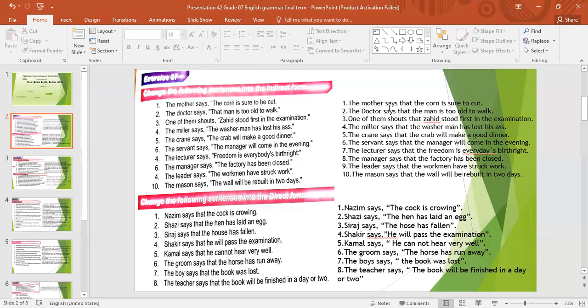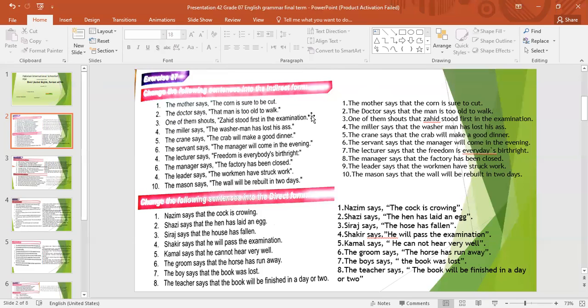A conjunction is a word which links the two parts of a sentence. So we use the conjunction "that" in indirect speech. And dear students, the second point for indirect speech is that there is no change in the tense of the reporting verb. So when we change sentences into indirect, there will be no change in the reporting verb.